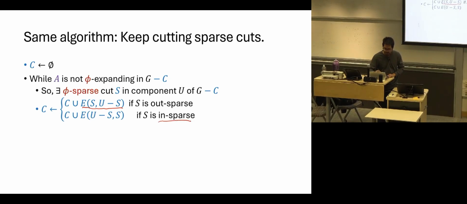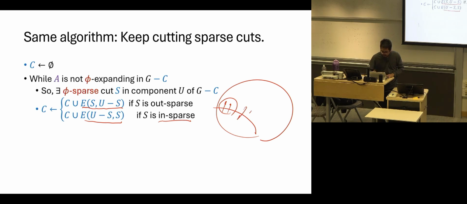If it's in sparse, then cut it along the in edges. Otherwise, if it's in sparse, do it in the opposite direction. Once you cannot do this, then you return C.